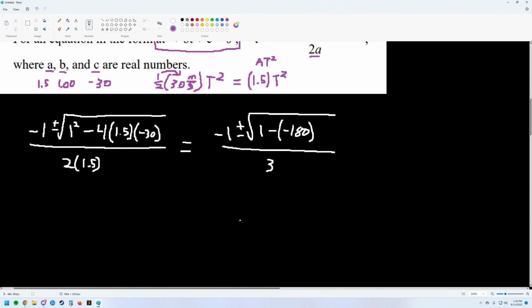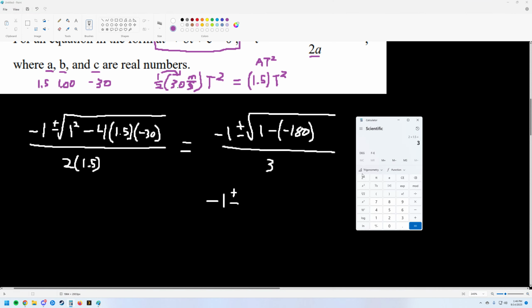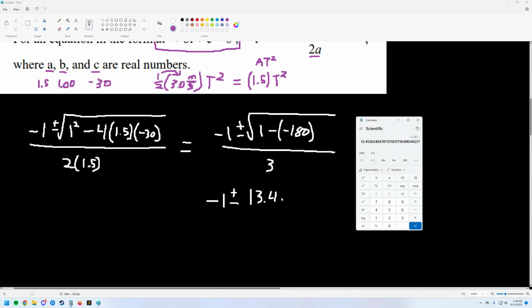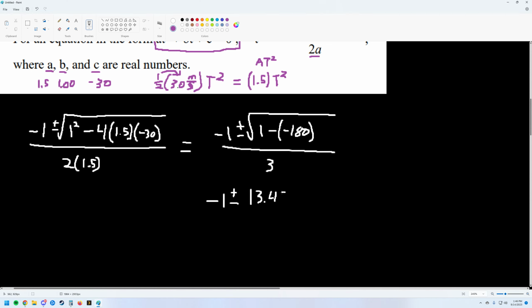You can further simplify this to negative 1 plus or minus the square root of 1 minus negative 180, which is 181. So we're going to take the square root of 181. That'll give us 13.453, all over 3.